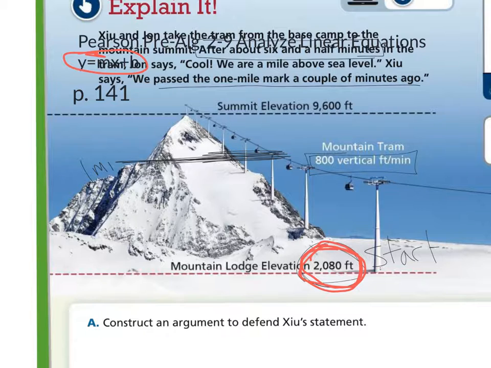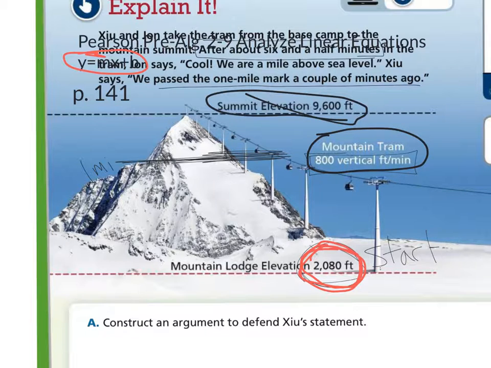And then you can see that the tram is going at a speed of 800 vertical feet per minute. So in other words, it's not just going straight up 800 feet, but in a minute's time, it's going horizontally some, but it's also climbing by 800 feet every minute. So the summit elevation at the top there is 9,600 feet.